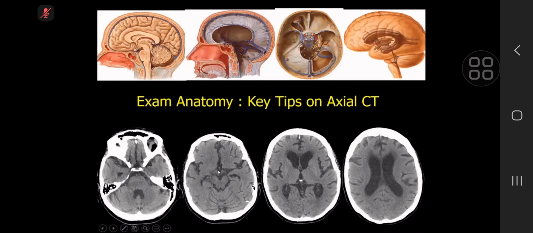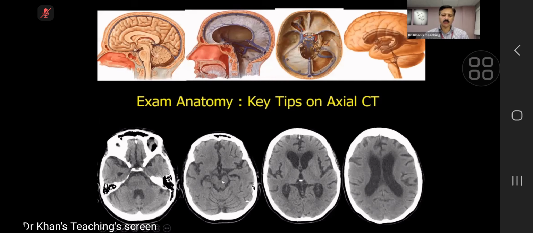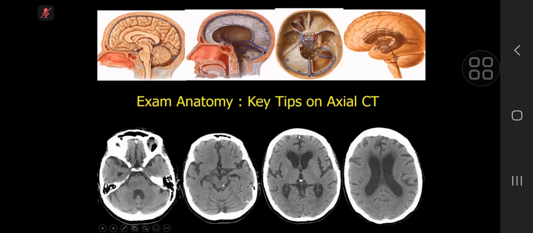And this concept is very important because it is going to be asked in transtentorial herniation, where this uncus goes through the tentorial hiatus and then compresses the midbrain.